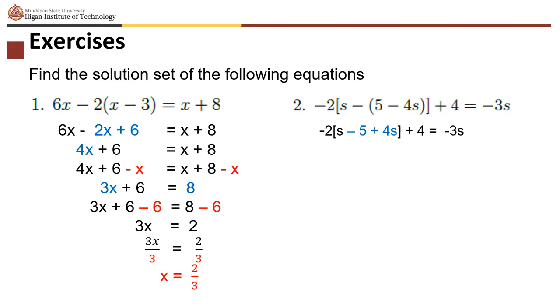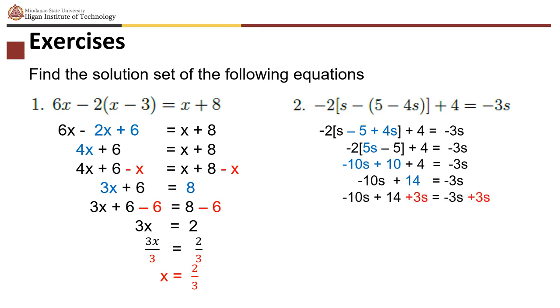So we'll have negative 2 times (5s minus 5), and then plus 4 equals negative 3s. And then distribute negative 2, and come up with negative 10s plus, negative 2 times negative 5 is plus 10, then plus 4 equals negative 3s. Combining like terms, we have negative 10s plus 14 equals negative 3s.